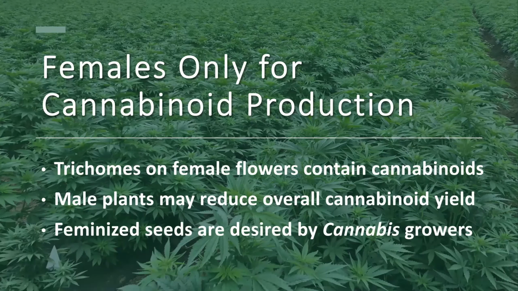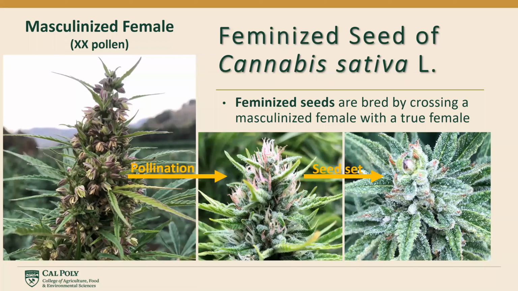The process to produce feminized seed is done by hormonally converting a female plant to produce pollen. This hormonal process is called masculinization. And as you can see on the left, a masculinized female plant produces pollen sacs in the place of female flowers. Silver thiosulfate is commonly used to masculinize hemp plants, and it is currently the standard practice.